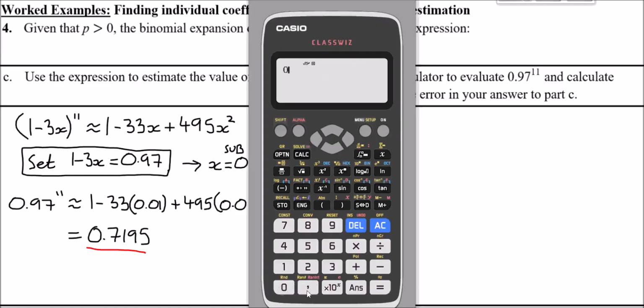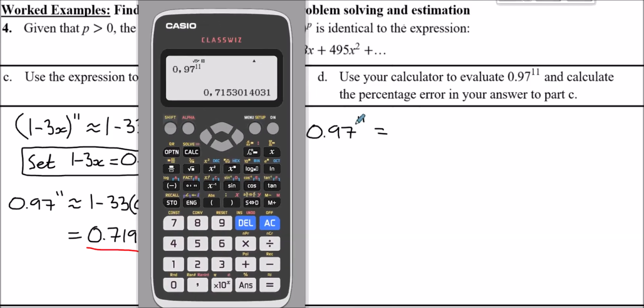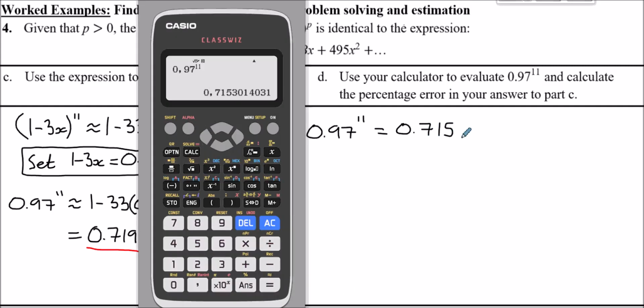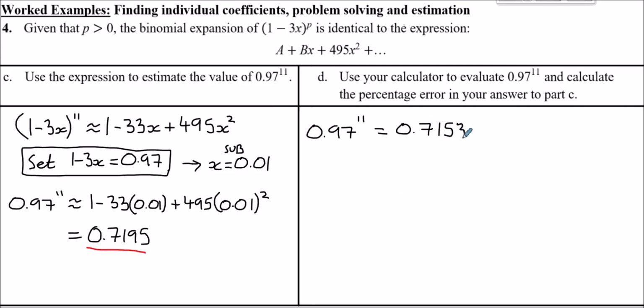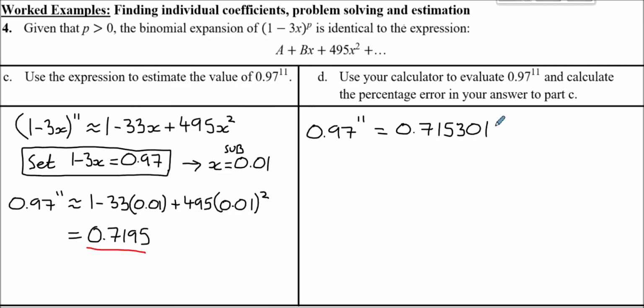That gives us an answer of 0.715301 4031.